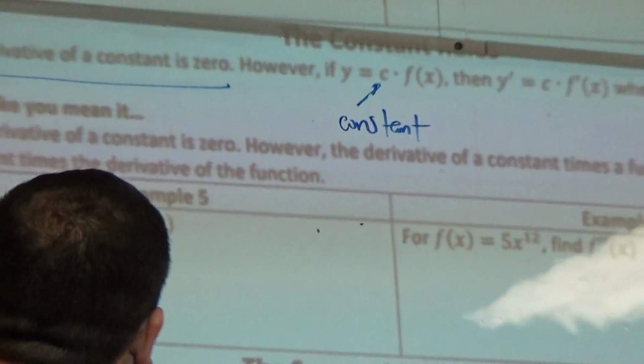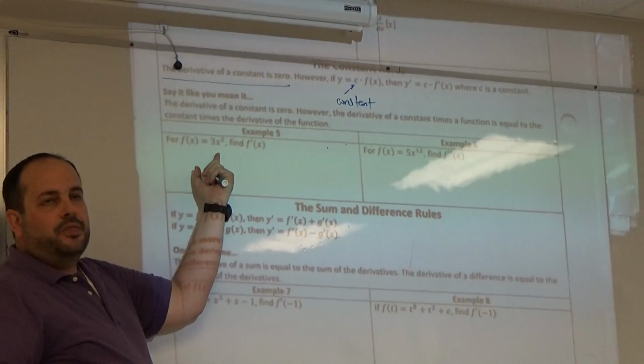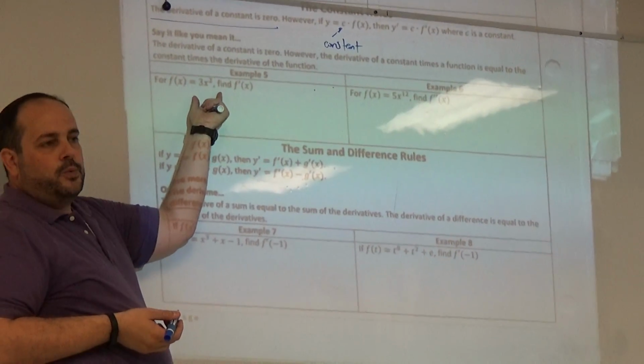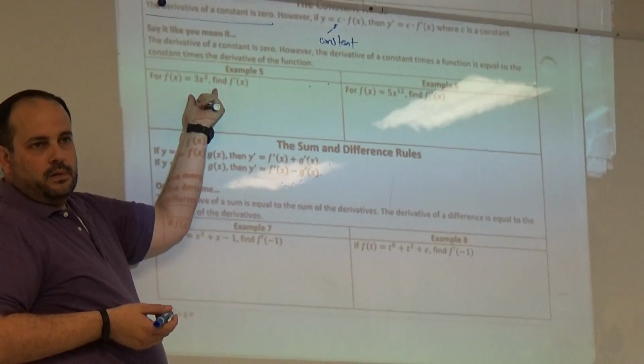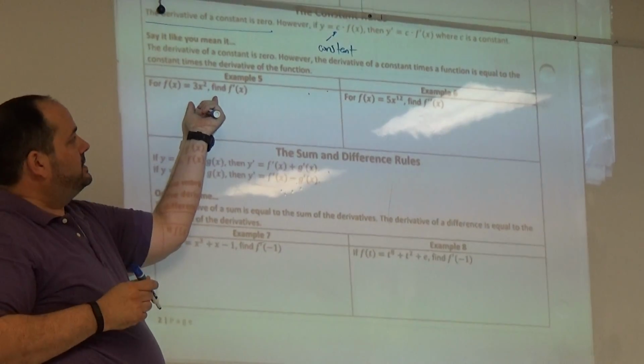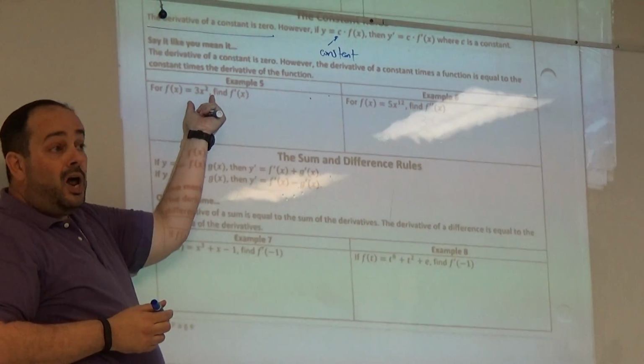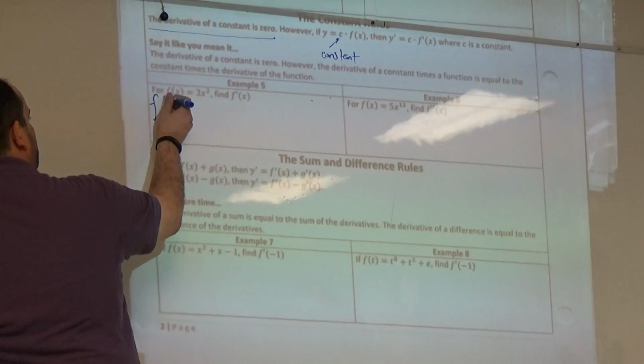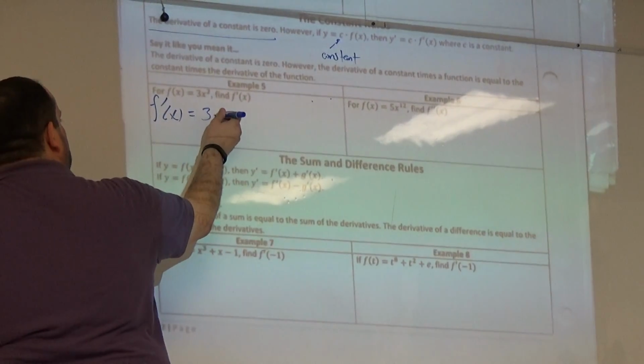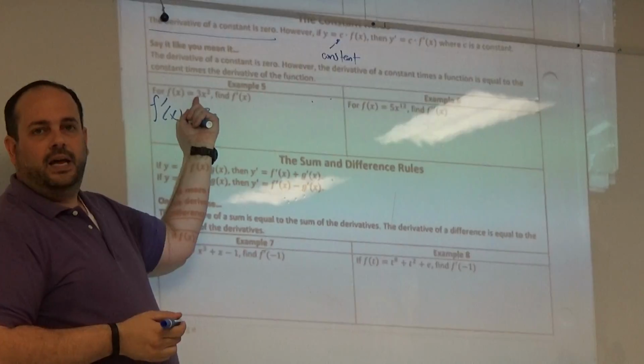So let's look at this one over here. f of x is equal to 3x squared. Is 3x squared a constant? No. The derivative here, leave the constant alone. Leave the 3 alone.